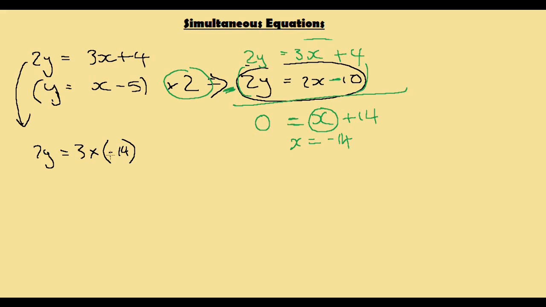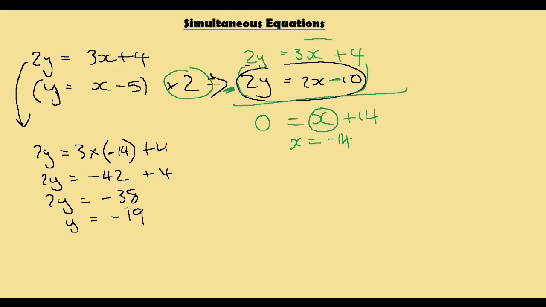Always good to remember that it's a negative. Then we're going to plus 4. So 2y equals, well, 3 times by minus 14 is minus 42. And then we're going to add 4. So 2y equals minus 38. And therefore y equals minus 19, because we just divide by 2.